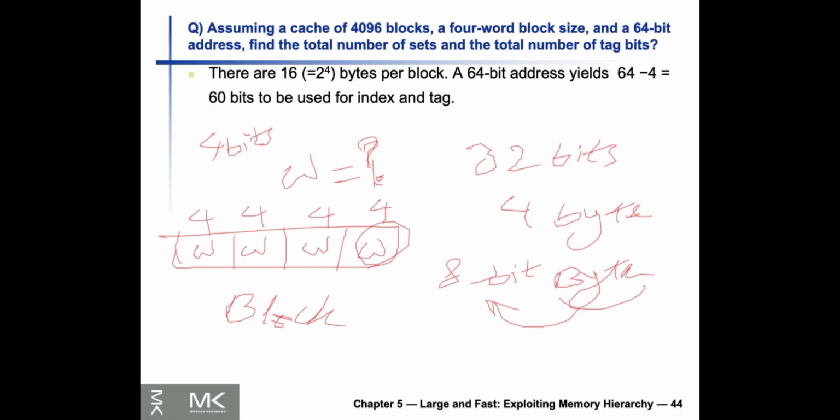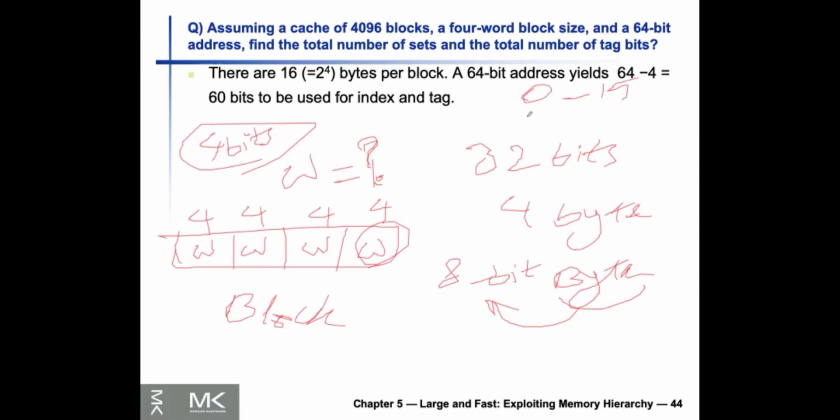Yes, okay. Good. So out of 64, we used 4 of them because we need to address a 4-word block size. Each word was 32-bit or 4 bytes. Each block was 4 words, so for each of them I needed 4 bytes, so 16 bytes. And for addressing 16 bytes, I need 4 bits, because I have to understand which byte it is, byte 0 to byte 15.